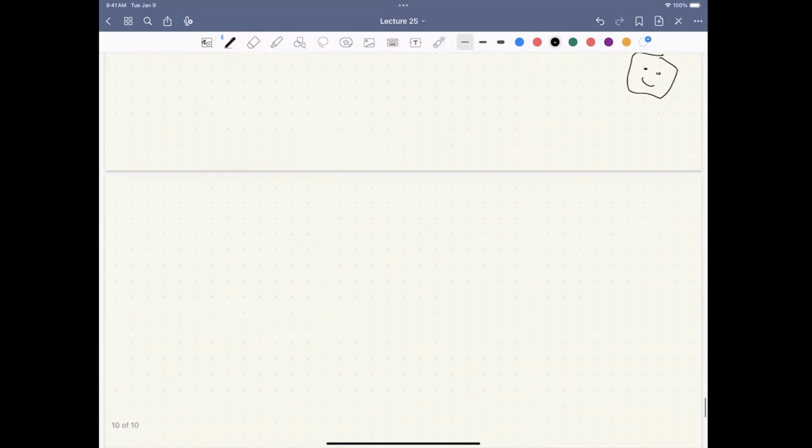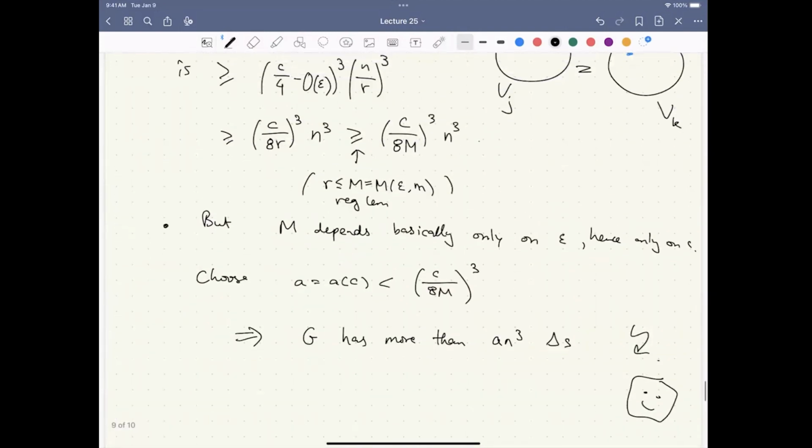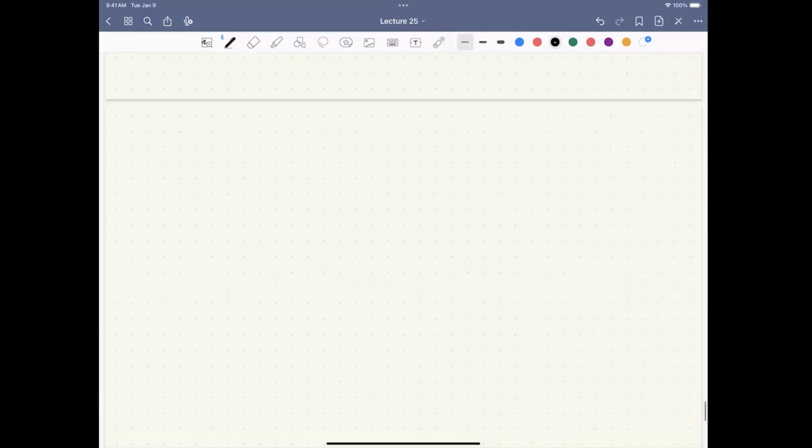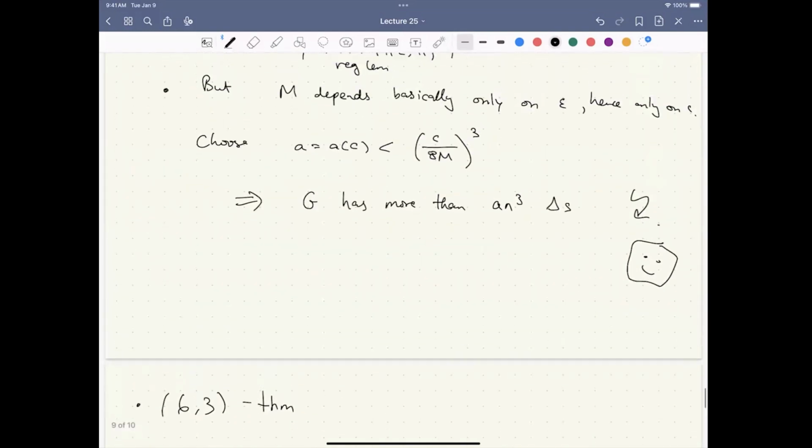Okay, on Thursday, we will see this application of the removal lemma on a very famous theorem called the 6-3 theorem. So here are some basic definitions we need.